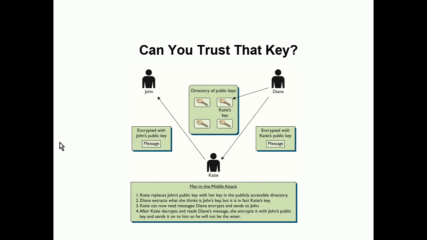So we don't want to rely on people to have to do encryption. We want the technology to do it for them. And the technology needs some kind of mechanism for trust that's automatic and sort of foolproof.